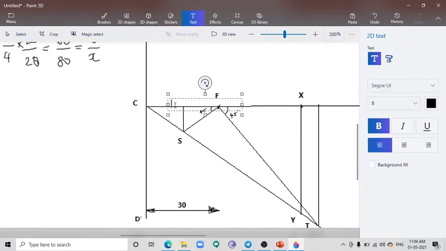So this is V1, which means vertex 1, and this point is vertex 2.